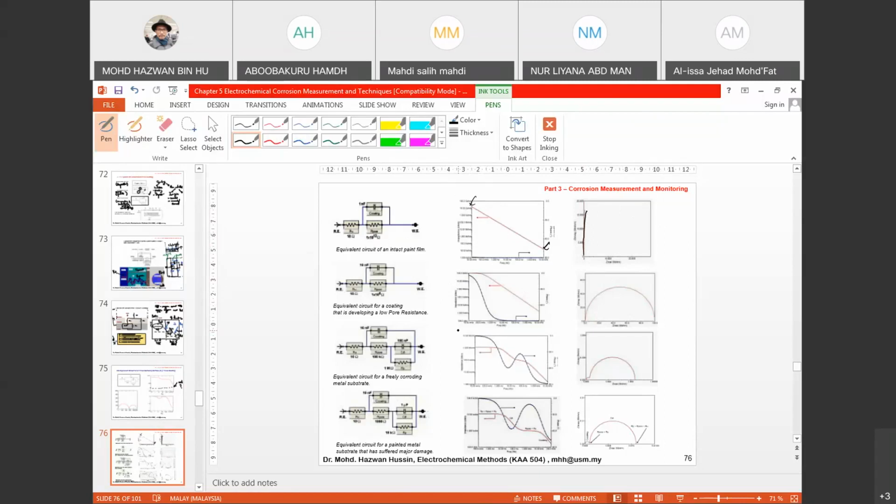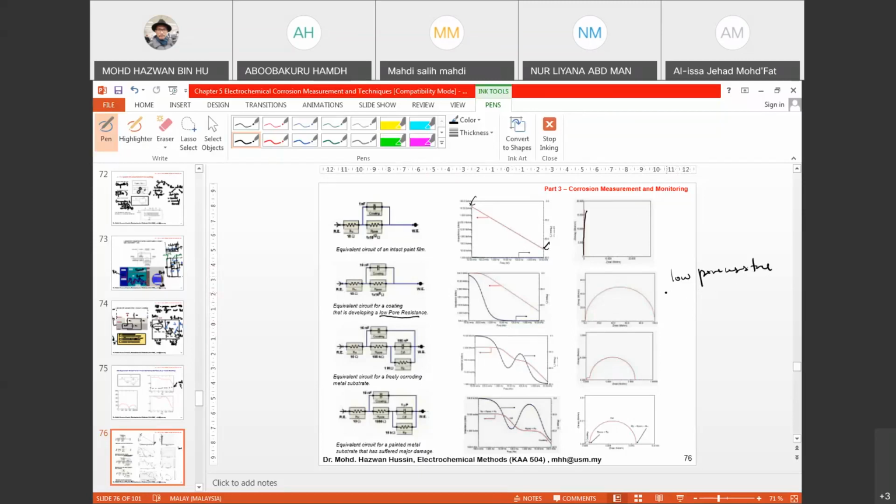Equivalent circuit for a coating that develops a low pore resistance, for example, sol gel. I think during your practical you were probably introduced to sol gel coating. So what does low pore resistance mean?